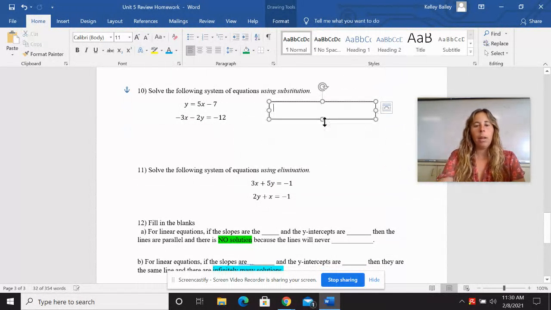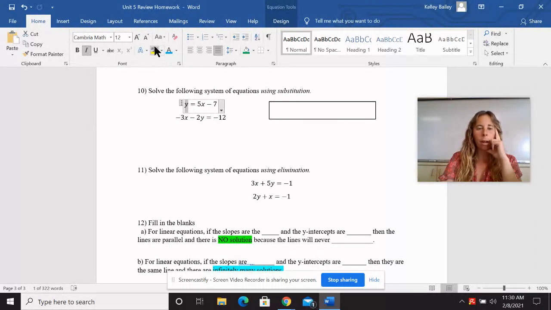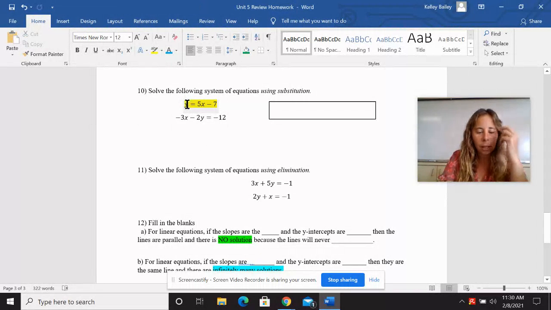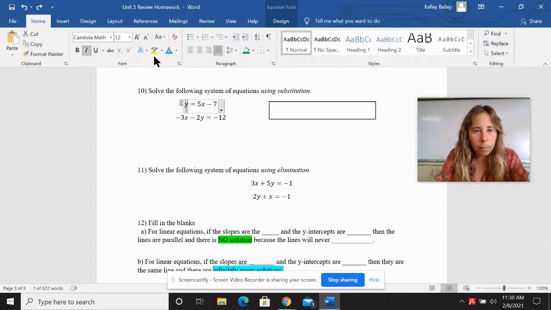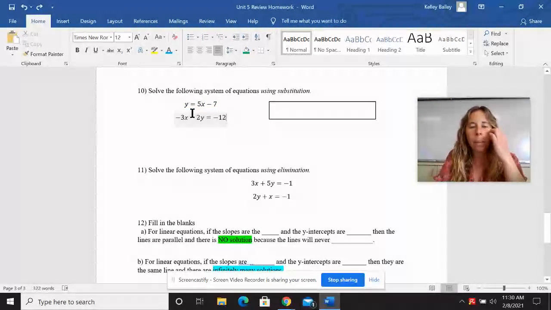Okay. So your first step in solving with substitution is you have to get a variable all by itself on one side. We already have y. Y is already all alone. Can I just do y? Nope. Okay, fine. Whatever. Y is all by itself.